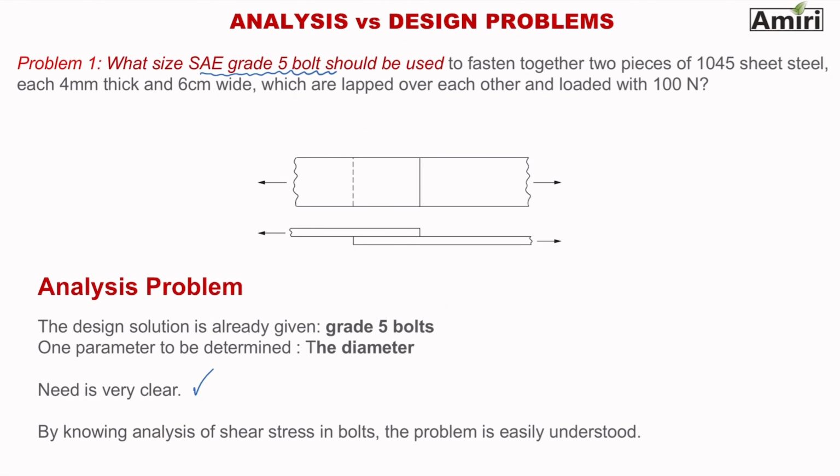Once you know which equation to use or how to incorporate normal stress and shear stress, you can understand the problem and hopefully generate a solution. If this is an exam problem, your professor probably has a key with one correct answer, and that would be the answer to this problem.